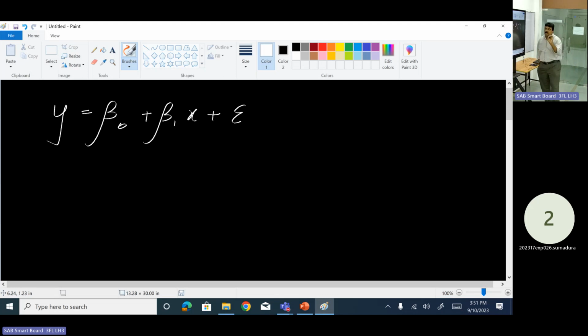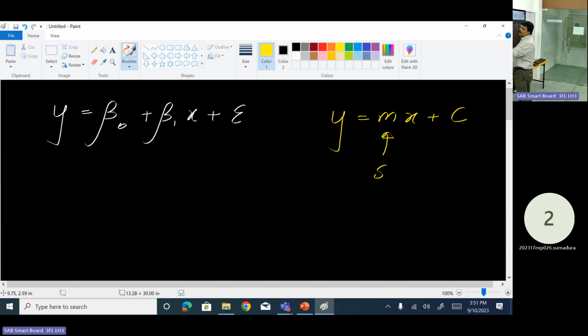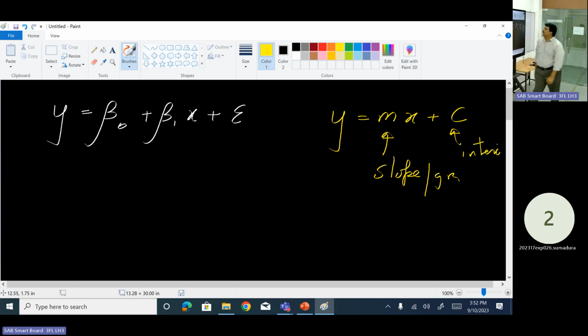Now we'll recall the general equation of a straight line. The general equation of a straight line is y equals mx plus c, where m is the slope or gradient, and c is the intercept. Intercept means where it cuts the y-axis. Now consider this portion, y equals beta naught plus beta 1 x, and y equals mx plus c.